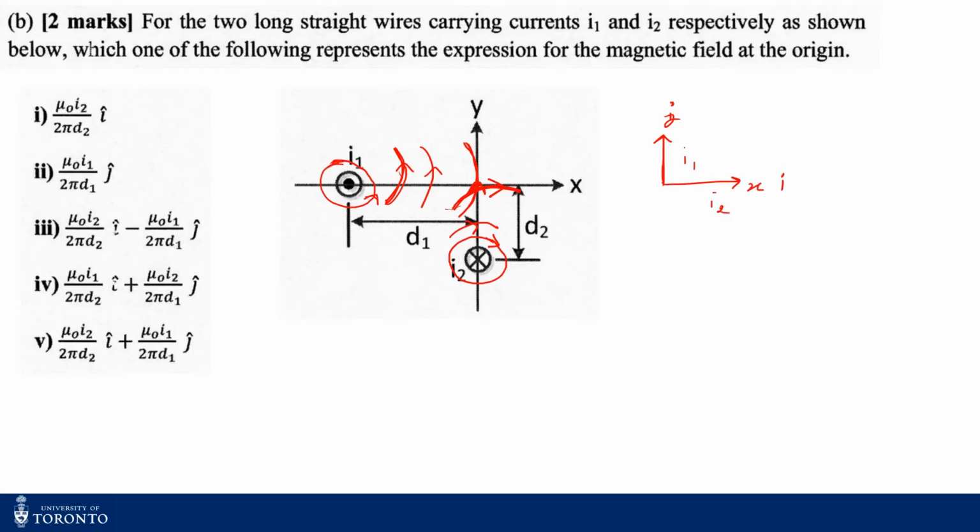So I have to look for the I2 expression with the i vector and the I1 expression with the j vector, both in the positive. If I look into my options, I find that option number 5 is the correct option.